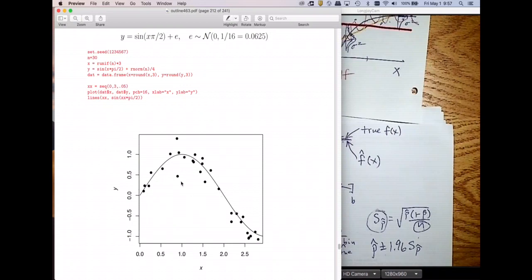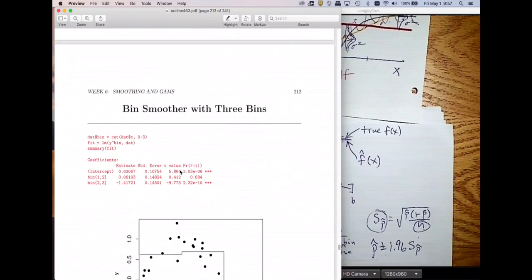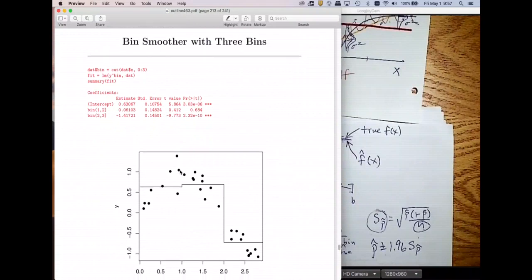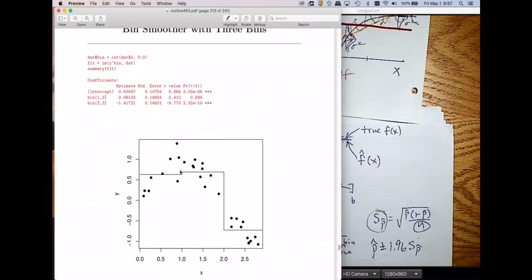But when I only give myself 30 data points, I've made a very difficult problem because I can't have that many bins. So how do I do this with a bin smoother? Well, I decided to just chop it up into 3 bins. So I made a bin at 1 and a bin at 2.